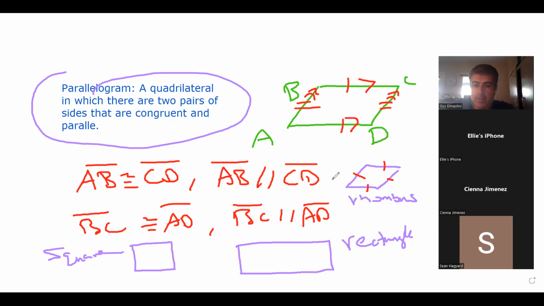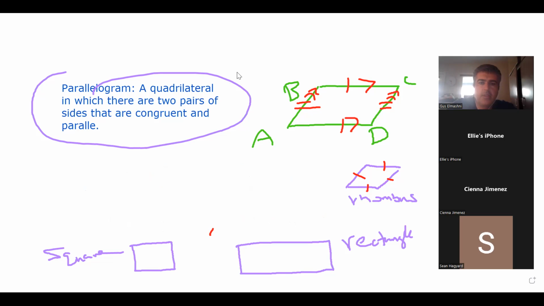Rhombus, rectangle, and square. In fact, actually, let me delete that. Let me add a few more notes here. Rhombus is a special parallelogram.